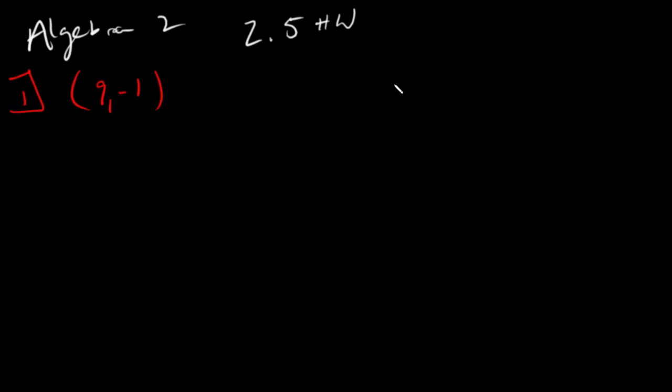Now, for an ordered pair to be a solution to an inequality of any kind, when you plug the ordered pair into the correct variables, you need to get true statements. True statements. I repeat, true statements.